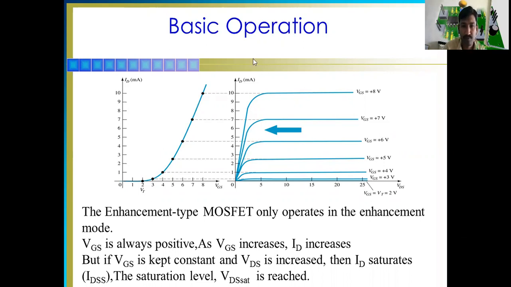See this diagram. If we increase VGS, then the ID current also increases. See the graphical representation, right?